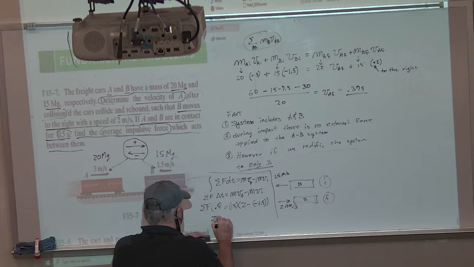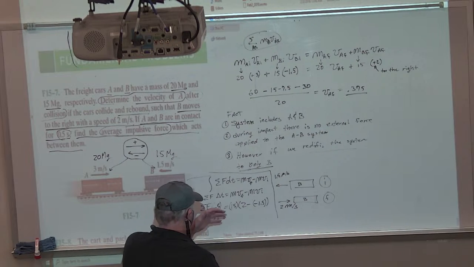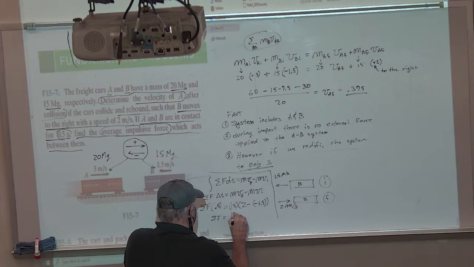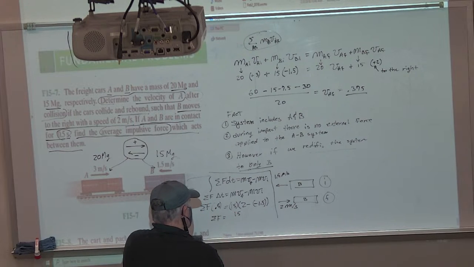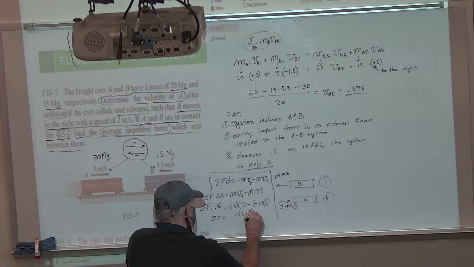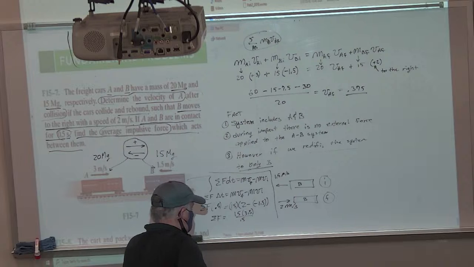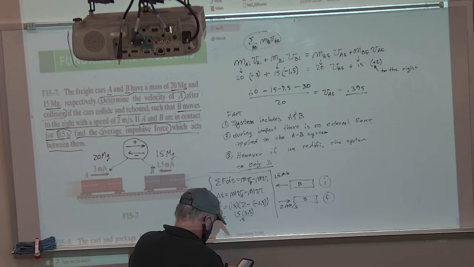So the average force that occurred, I need to include this 2, ends up being 15 times 3.5 over a half, or multiply that times 2.